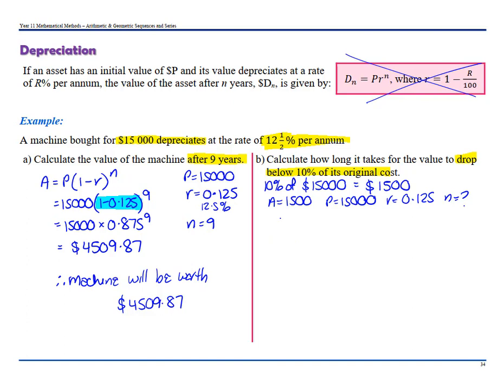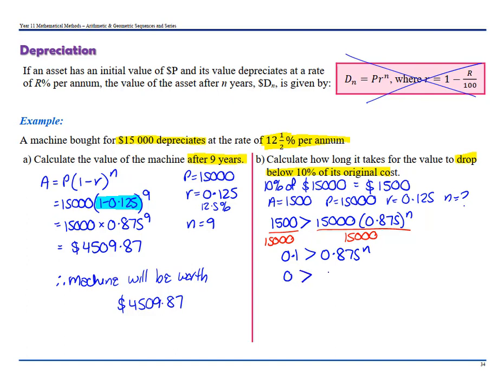Okay, so when we set this up, we want our value to be less than 1,500. So we put in that inequality. Divide both sides by 15,000. Let's go 0 is greater than 0.875 to the N minus 0.1.